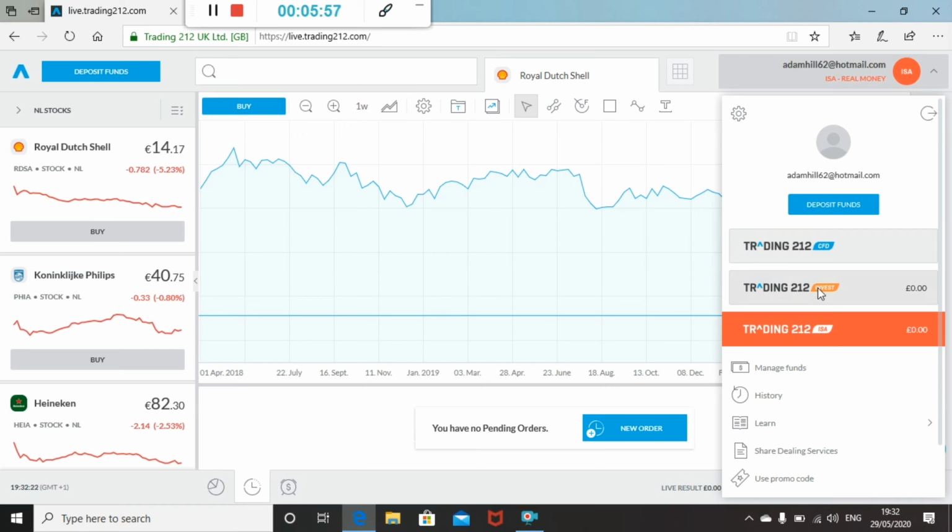You have the orange, the invest account, which is a standard investor account where you can invest in companies and different funds with zero commission charge. And finally, you have the ISA account, which will allow you to keep your investments wrapped up in an ISA, which can generate dividend income and capital gains tax-free, up to a maximum of £20,000 each year. You'll obviously need to consider your own personal circumstance before selecting this option, as some people already use their ISA allowance elsewhere.